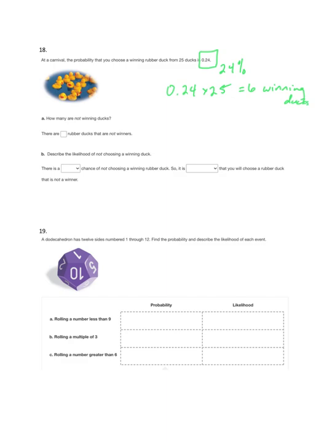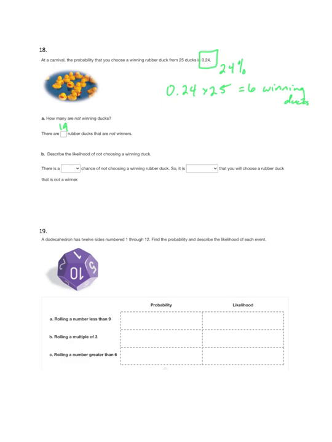Now this problem asks us how many are not winners. Well, if there's 25 ducks and 6 of them are winning ducks, we can subtract to find that there are 19 non-winning ducks.